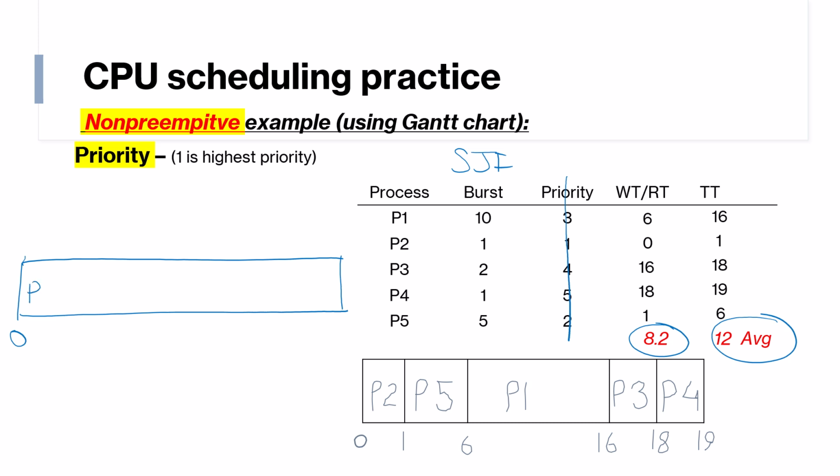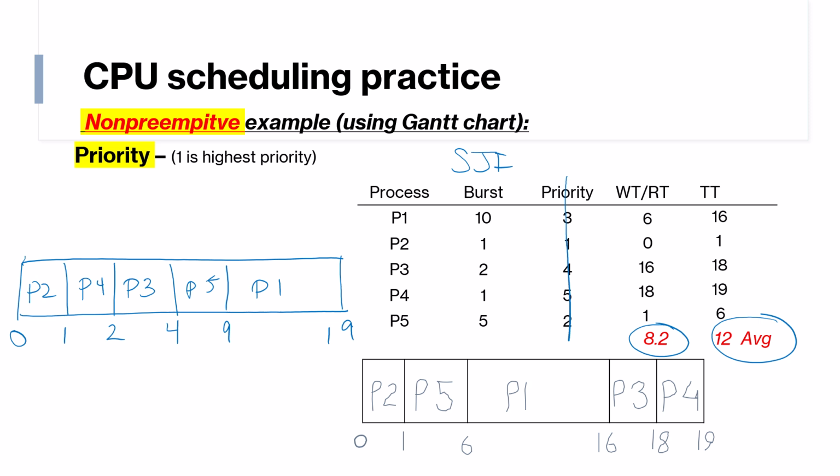We would do P2 first, followed by P4, and then we have P3, and then we have P5, and then we have P1, and this would totally change the wait times, the turnaround times.